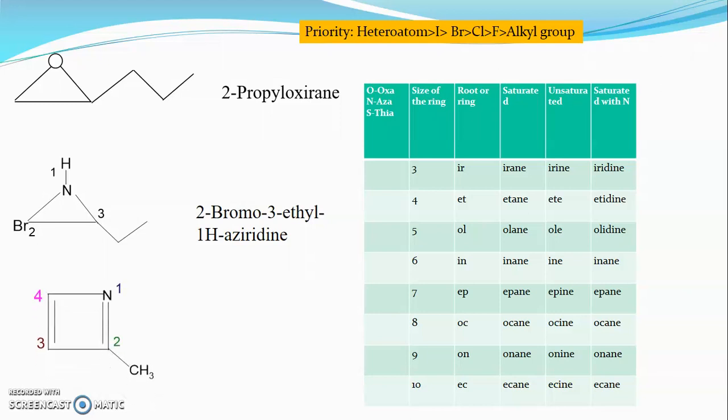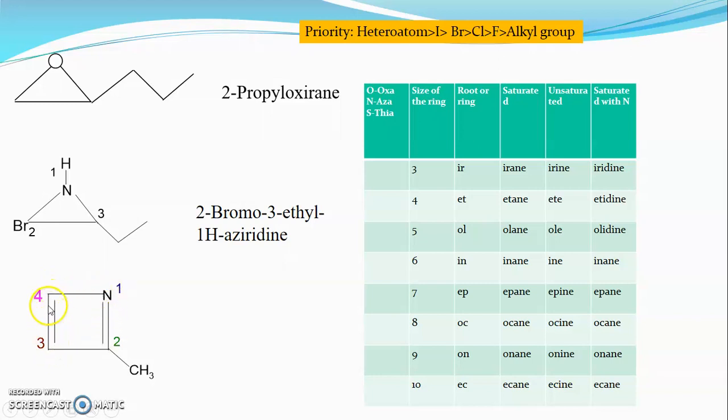Now this one is a 4-membered unsaturated ring. The question will come in your mind, how to determine saturated and unsaturated. If you see, this nitrogen and this second-number carbon are sharing a double bond, so they are unsaturated.